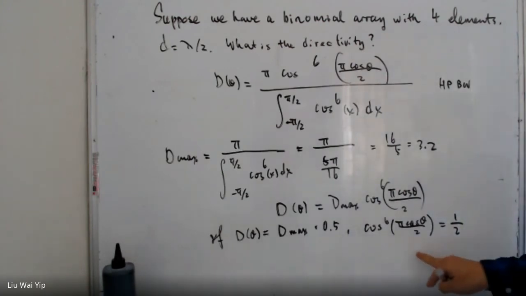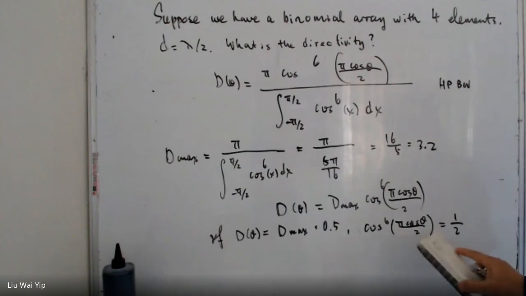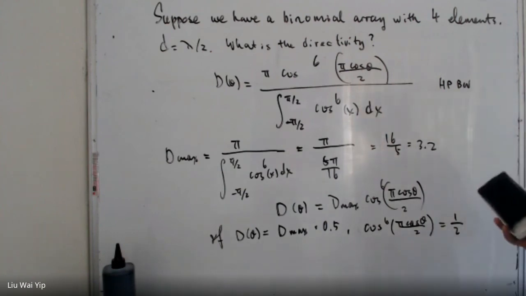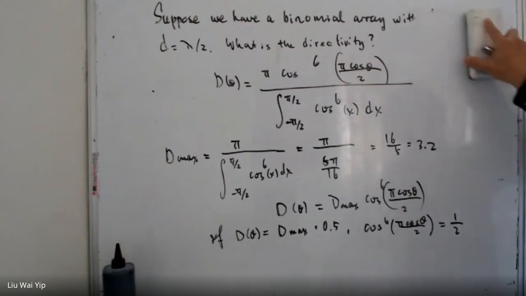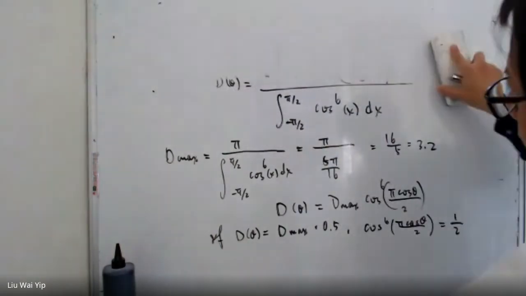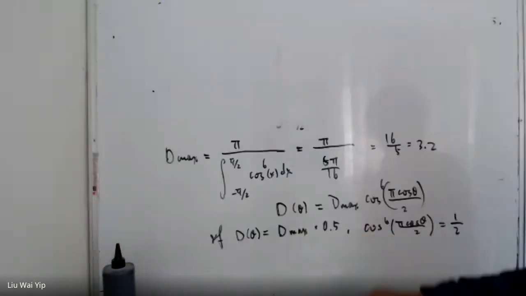And eventually, we need to find out the angle. We solve this equation. We don't really need a calculator, we don't really need MATLAB to do it. We can just do it by hand.